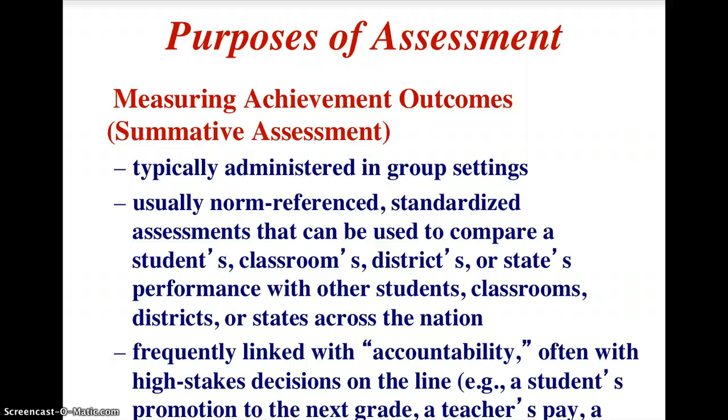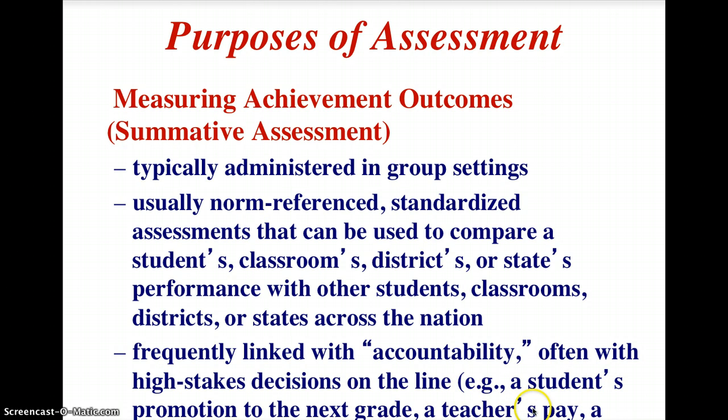The tests at the end of the year that students take, and typically they are linked to accountability of the teachers. High stakes decisions are on the line here. And you can agree or disagree with that, and that's a whole other conversation. But typically there's some accountability linked to it.